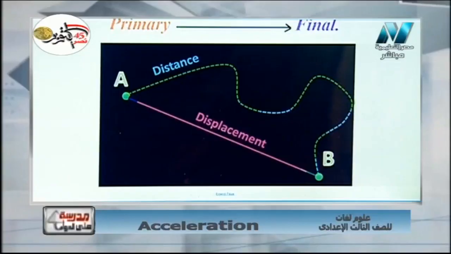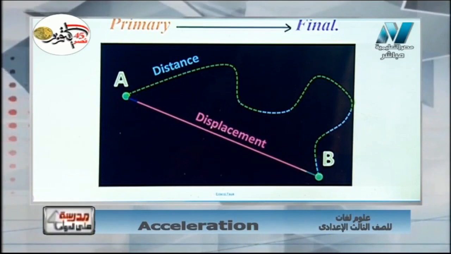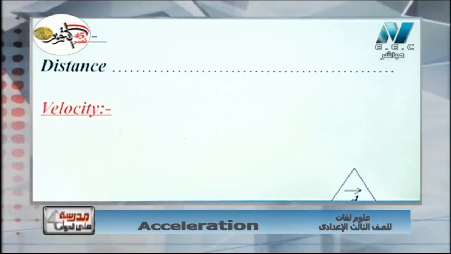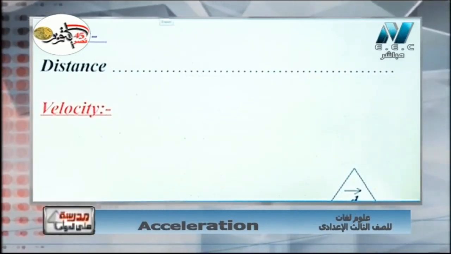If we know how to deal with distance and displacement, we can deal with speed and time at the same time. Let's see how we can define speed and velocity. Pay attention: speed and velocity.